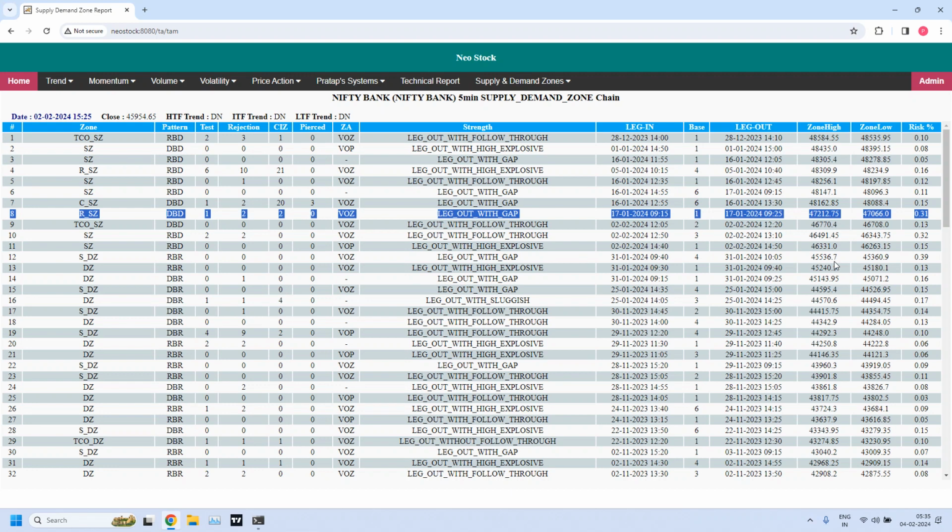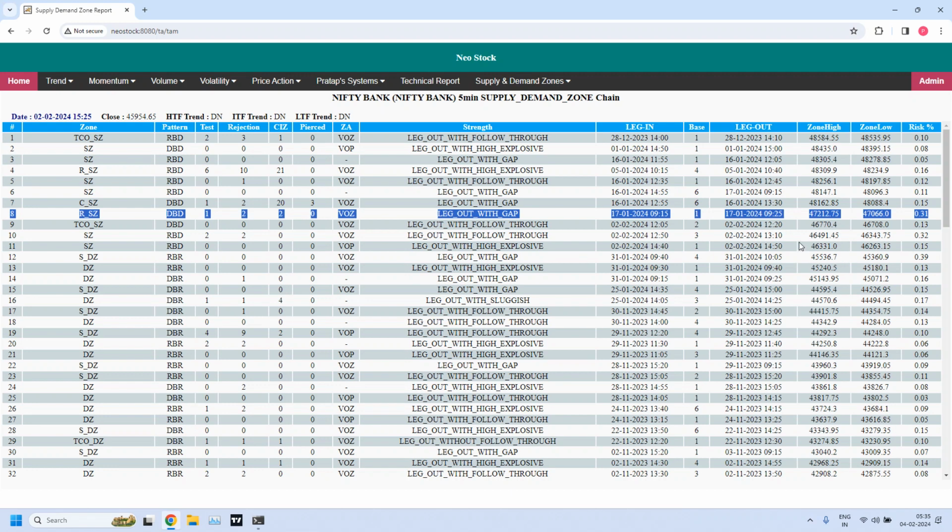Because high liquidity zones mostly have the capacity to hold the prices. But remember, the high liquidity zones in the 5 minutes and 15 minutes time frames have a very small lifetime. Maybe within the same intraday, or for 1 or 2 days only, you can expect price movement between those zones.